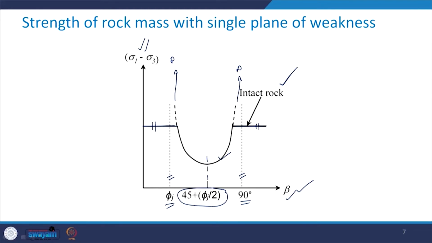This can be proved graphically as well as numerically. You take the differentiation of that expression sigma 1 minus sigma 3 with respect to beta and make it equal to 0, and you will see that for beta equal to 45 plus phi j by 2, you get the minima of that equation or this curve.